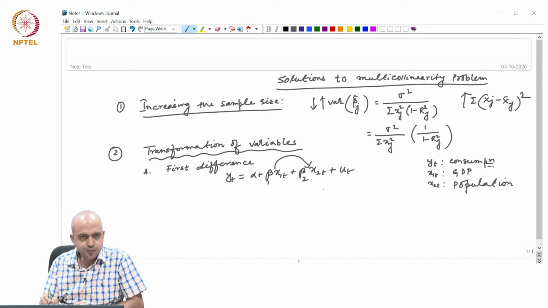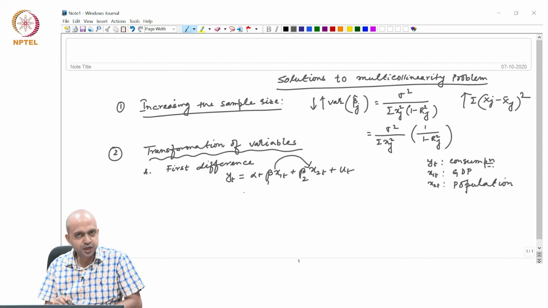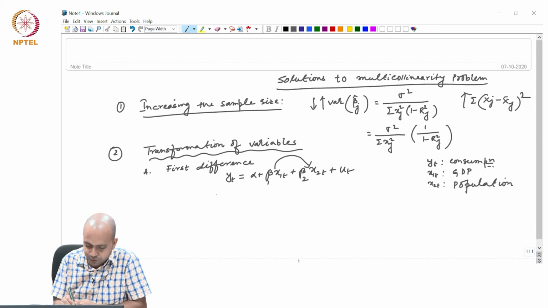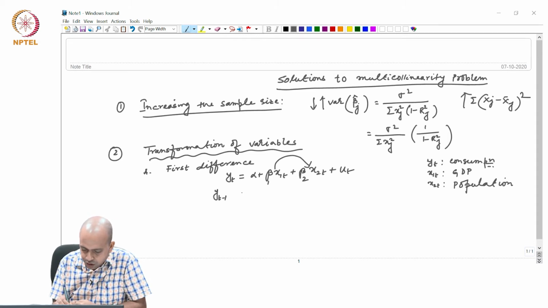If the relationship holds true for the tth period, obviously the relationship holds true for the t minus 1th period. That means the same equation we can write for the t minus 1th period. So, what will happen if I take the equation like this?